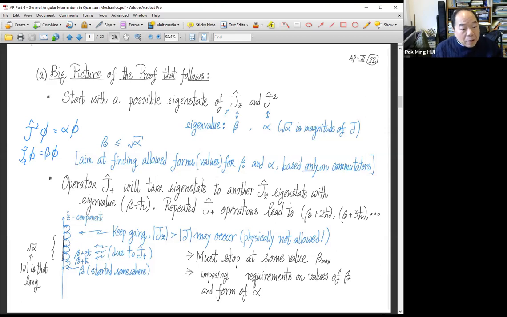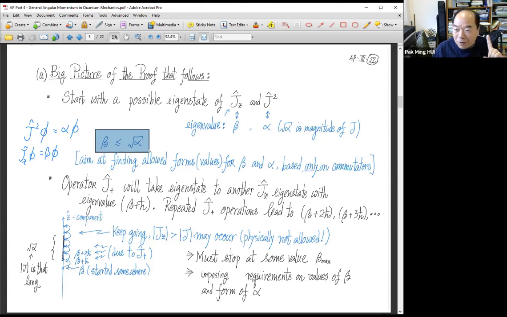And now, because this is the Z component, and this is the magnitude square, the component cannot be longer than the magnitude, right? For any vector. So we will have an inequality to start with about the eigenvalues. At least this is the beginning.